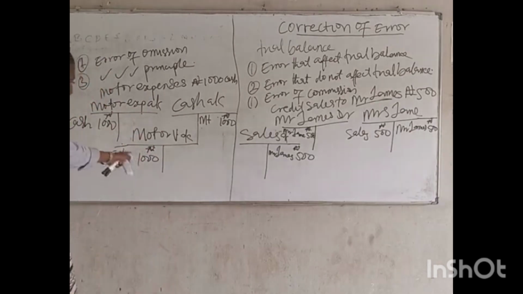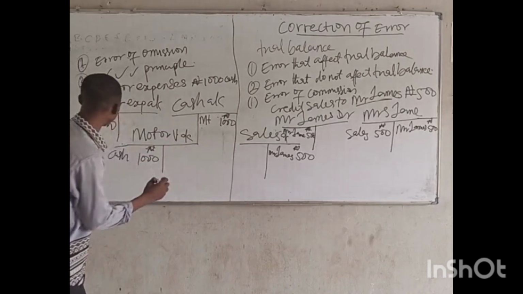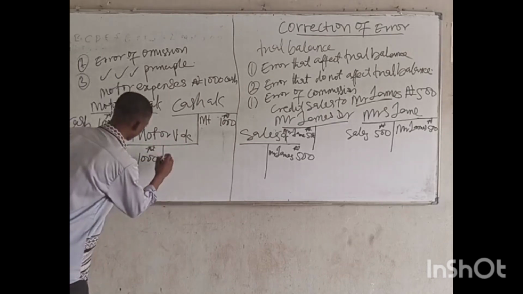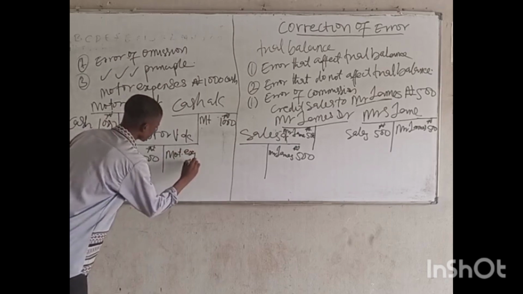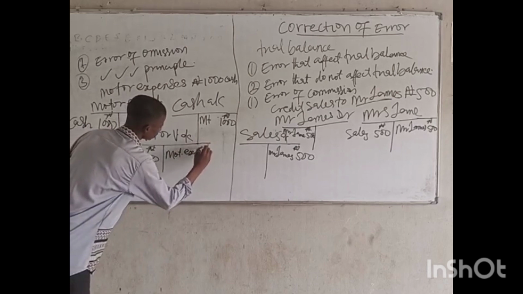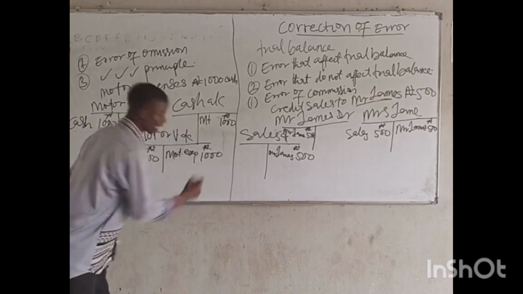So in a situation like this, since you have already debited the motor vehicle account, what you need to do is to come over to the credit side, and then in the name of motor expenses, you say motor expenses, 1,000 naira.